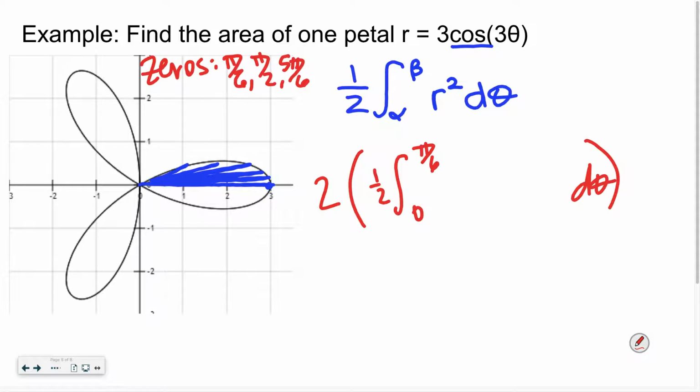Now, the pi over 2 would be nice in this case, but just so you have another option, let's go from 0 to pi over 6, and we'll take 3 cosine of 3 theta and square it.